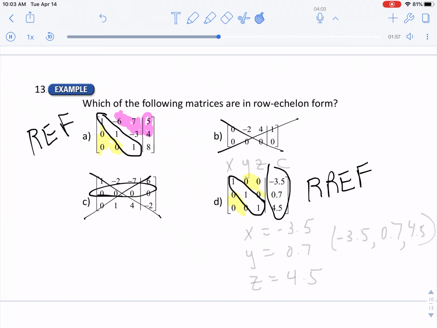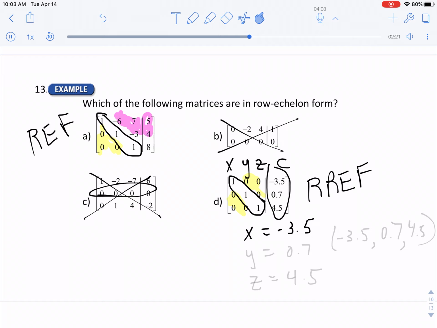Now I want to show you the very wonderful thing about reduced row echelon form. Remember that the first row is the X's, the second row is the Y, the third row is the Z, and the constant is the last row. So what this reduced row echelon form tells us is that 1X, which is just X, is negative 3.5.